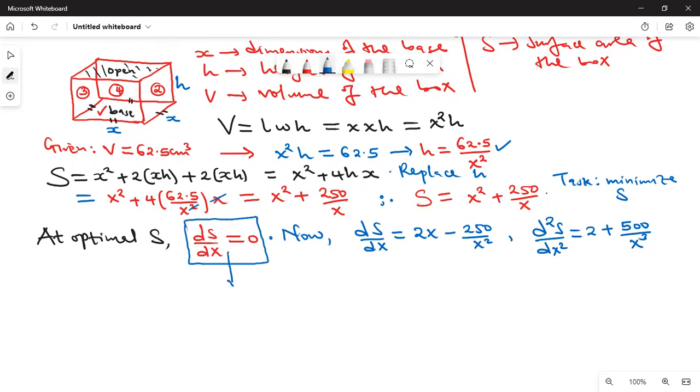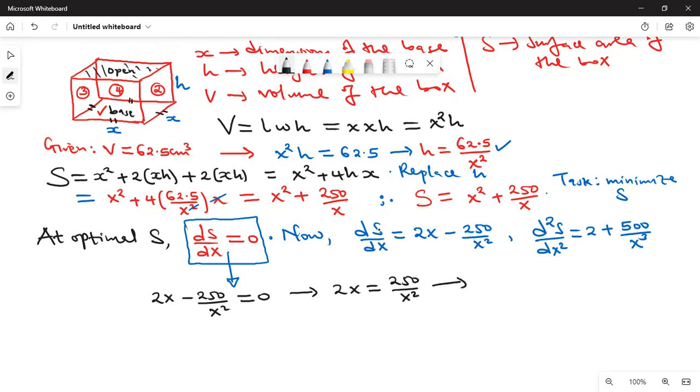So from here, we are going to get 2x minus 250 over x squared should be equal to 0. So from there, are we able to find x? Yes, let me rewrite this. This is the same as 2x is equal to 250 over x squared.